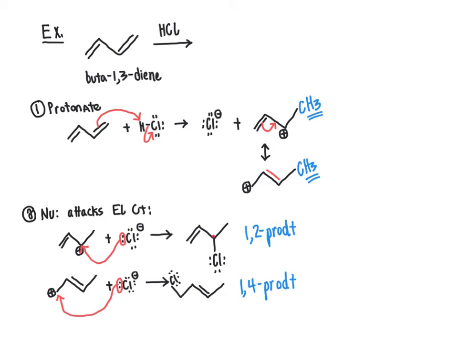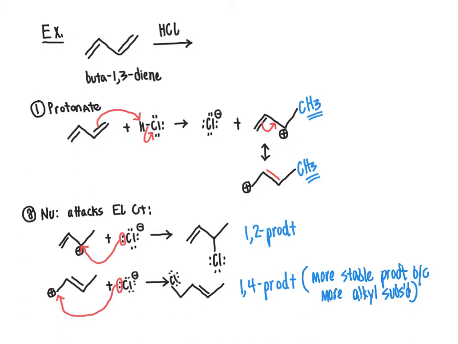The 1,2 product only has 1 alkyl branch. And so therefore, we would describe the 1,4 product as being the more stable product because it's more alkyl substituted, and those alkyl groups increase the stability of alkenes.